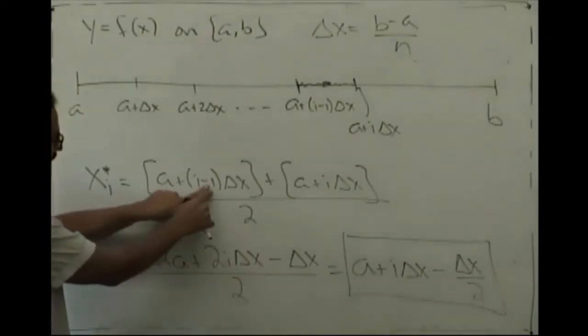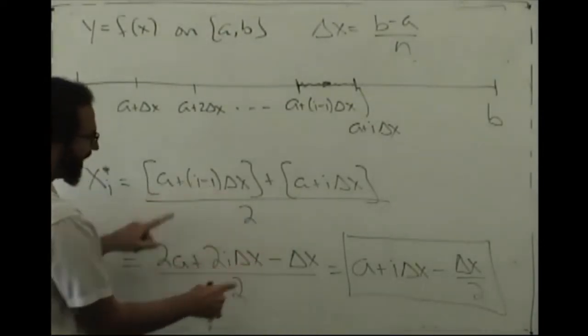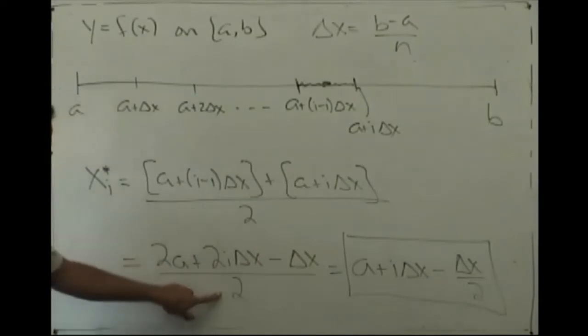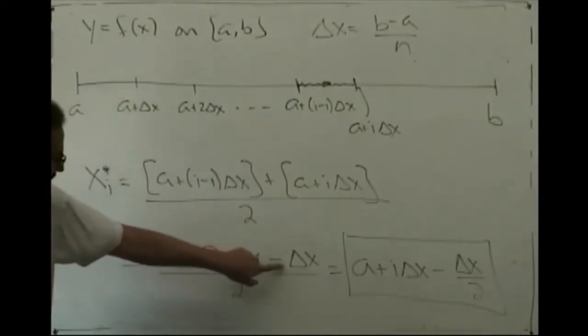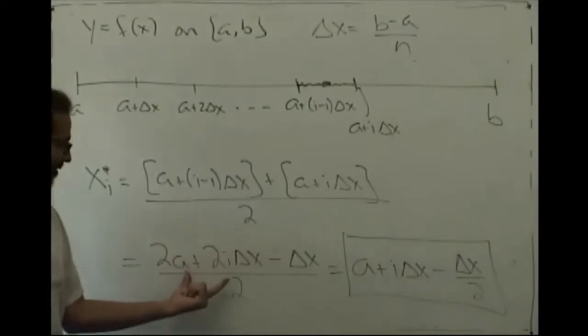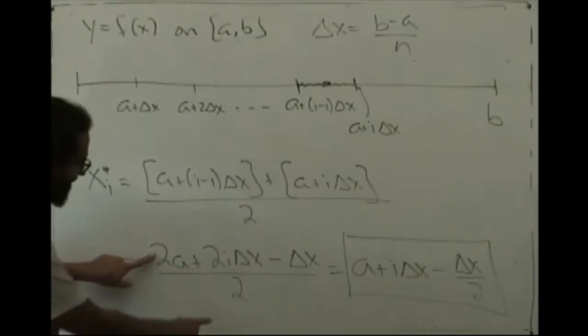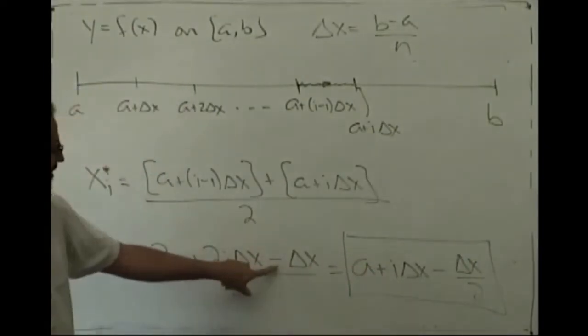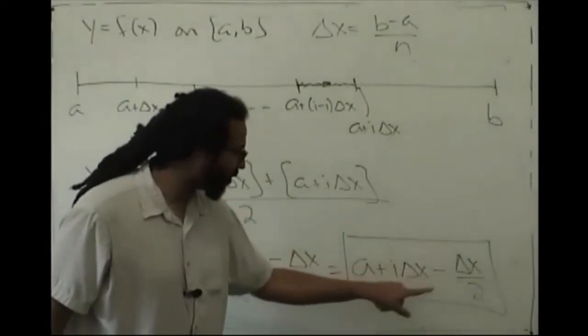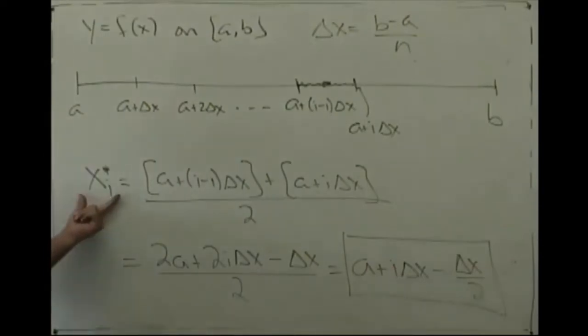And then I'm going to subtract 1 delta x and divide all that by 2. Everything in the top except the last part is divisible by 2, so I just get a plus i delta x minus delta x over 2. So now here's my sample point.